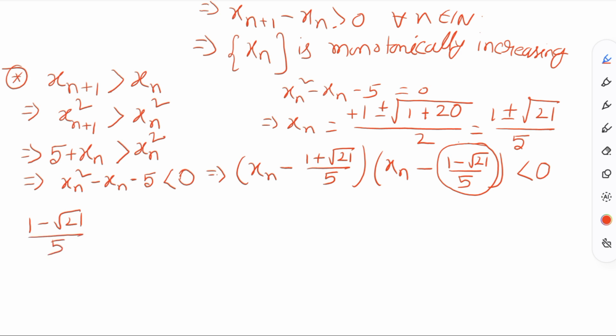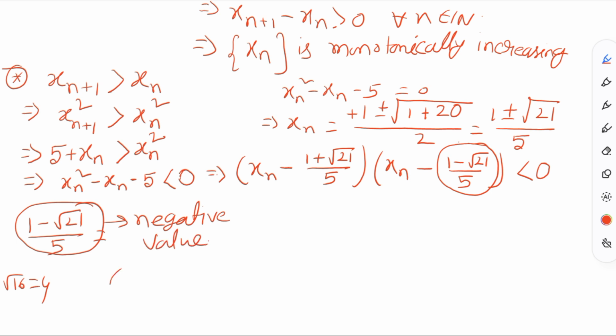Root 16 is 4, so root 21 is greater than root 16, so this quantity gives a negative value.